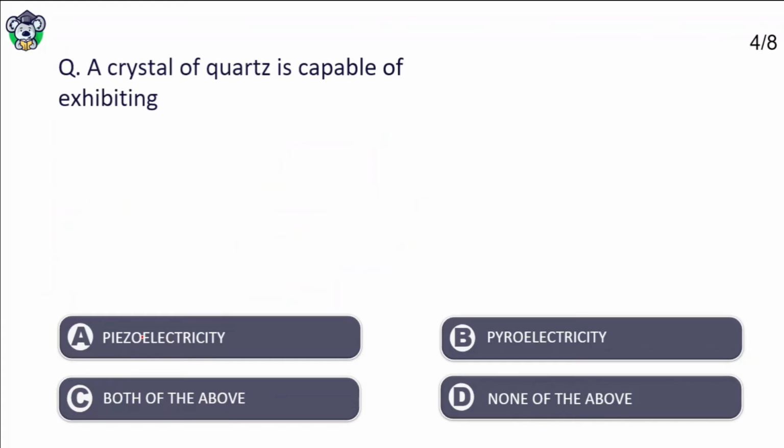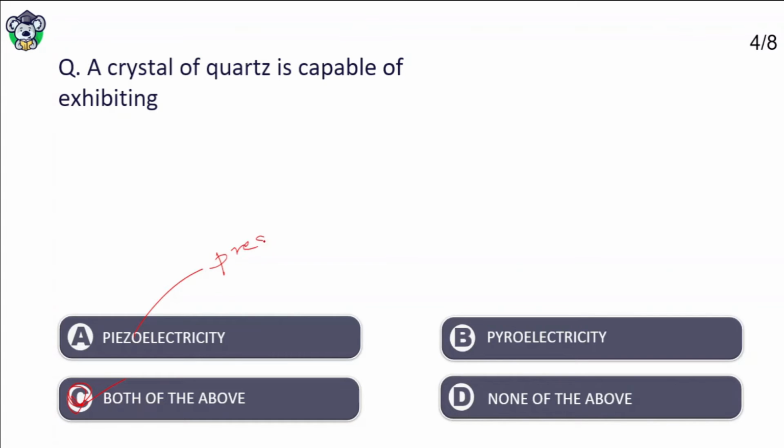A crystal of quartz is capable of exhibiting which properties? Piezoelectricity, pyroelectricity, both of the above, none of the above. The right answer is both of the above, that is option C. What is piezoelectricity? When we apply pressure on a crystal, it produces some electricity, that is called piezoelectricity.